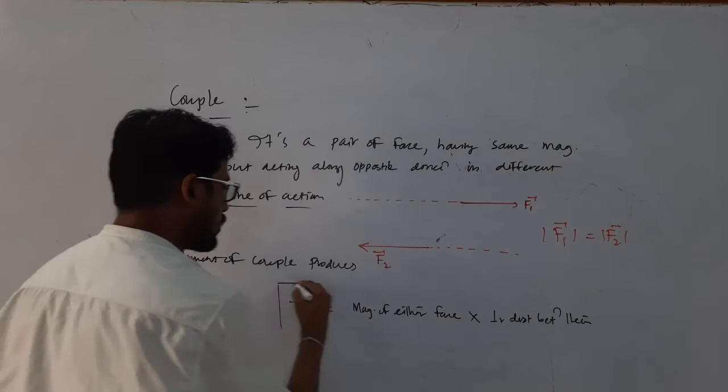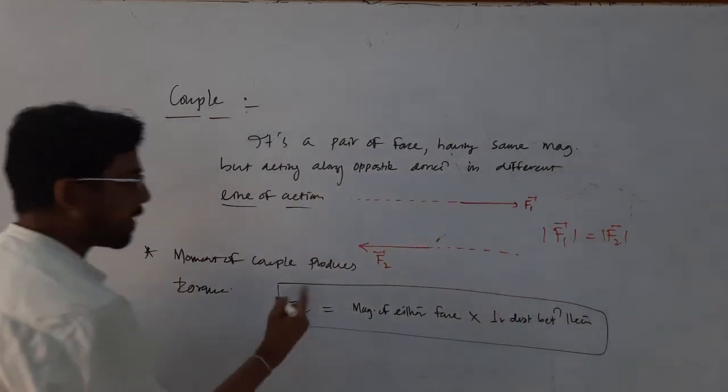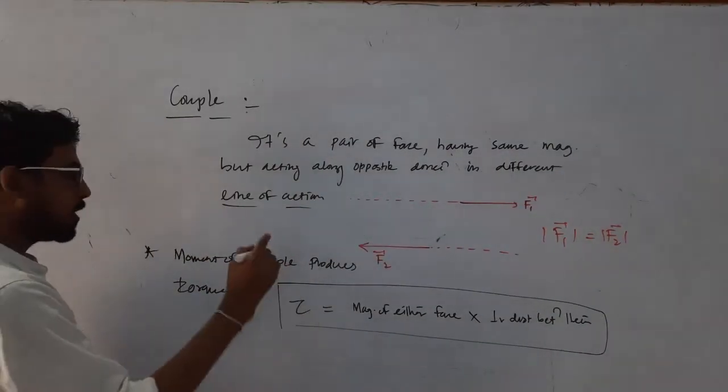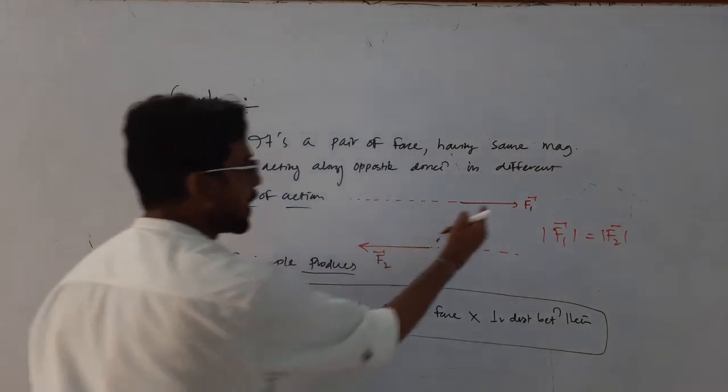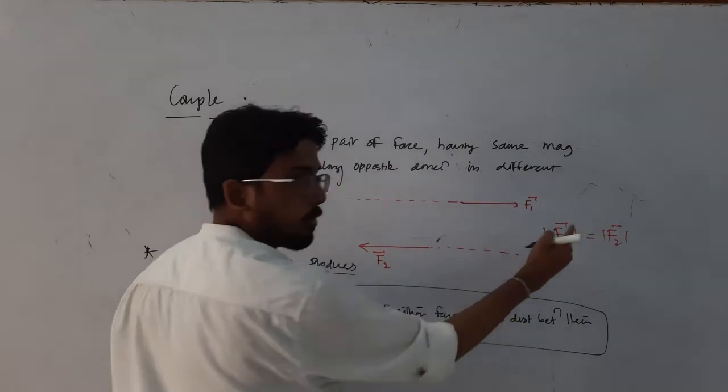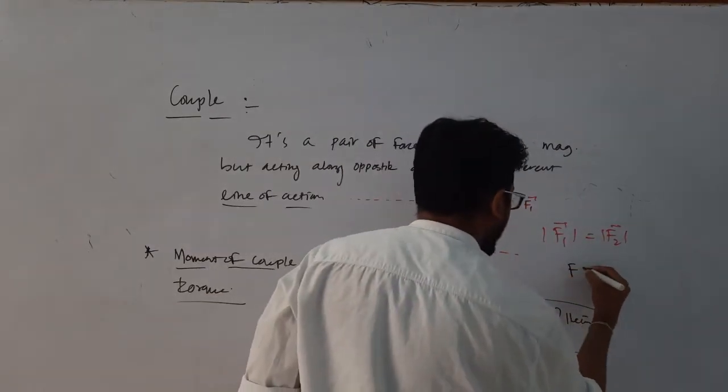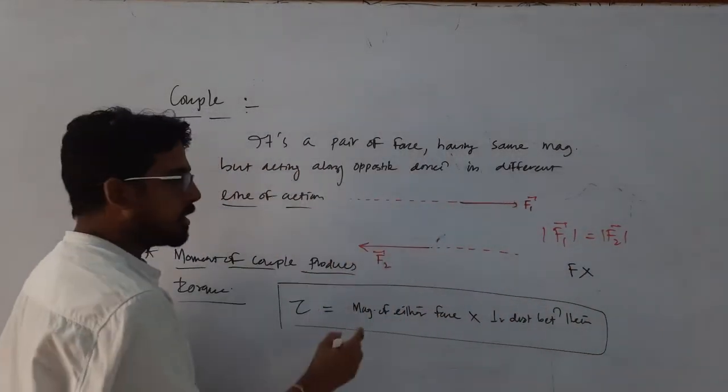Okay, so torque can be defined as the magnitude of either force into the perpendicular distance between them, or we have to remember the moment of couple produces what? Torque. So here the magnitude of either force, as F1 equals F2, I can write F into what is the perpendicular distance between them.